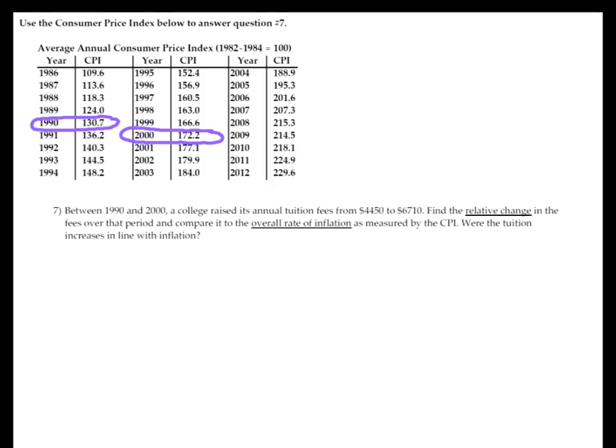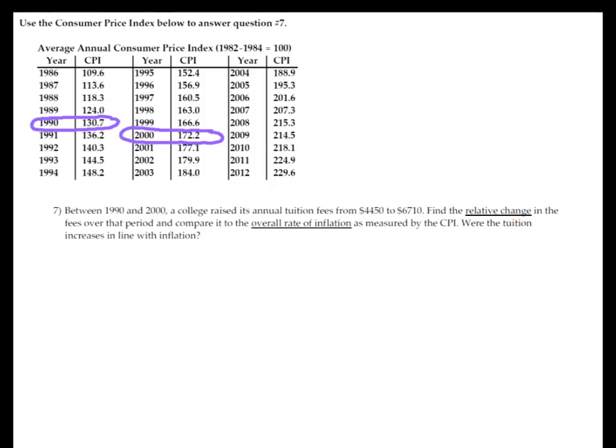And we know that the tuition fees increased from 4,450 to 6,710. So first we want to find the relative change.